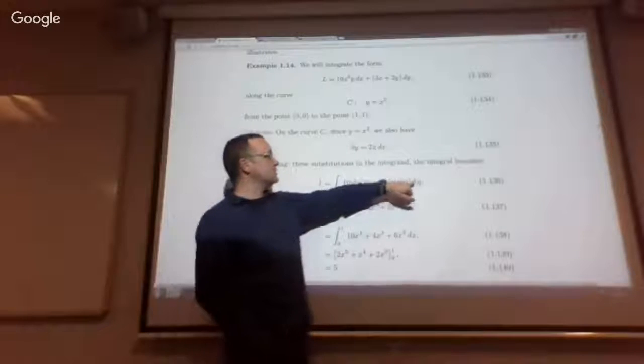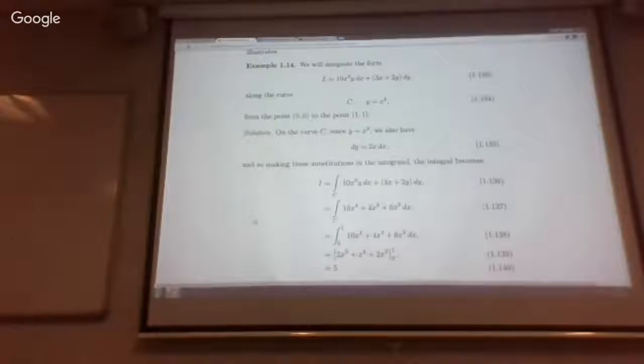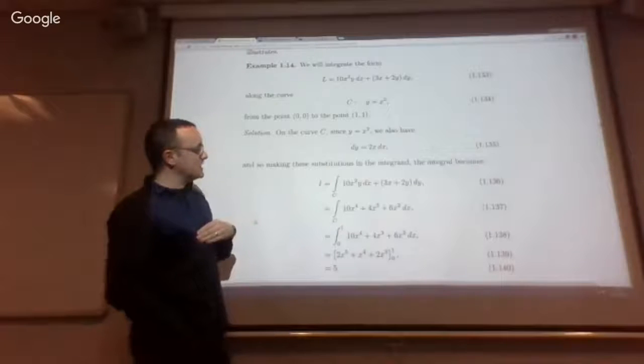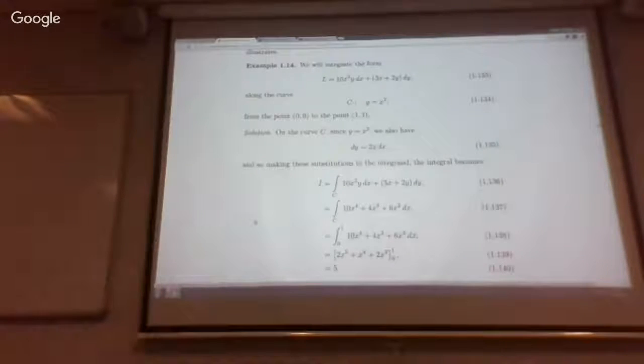So the differential dy gets replaced by a combination of x multiplied by the differential dx. And making those substitutions, we can translate the initial integral into a recognizable integral with respect to a function of a single variable between two limits. Something that is the bread and butter of calculus.